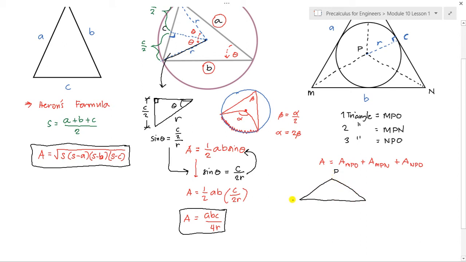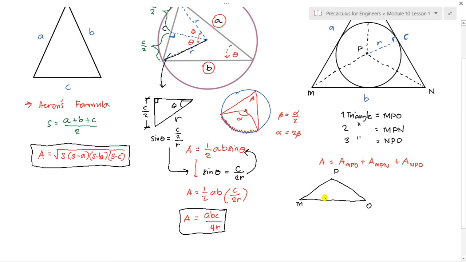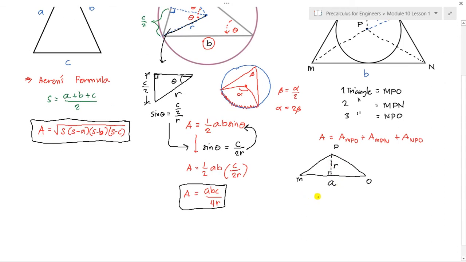This is P, this is M, this is O. So, unsay distance between M and O, that is A, the side A. And then since natay gi-project diri nga radius R that is perpendicular, so this is now already the height R. So therefore, the area of MPO is just equal to 1/2 base, the base here is the side A, times the radius R. So 1/2 AR.